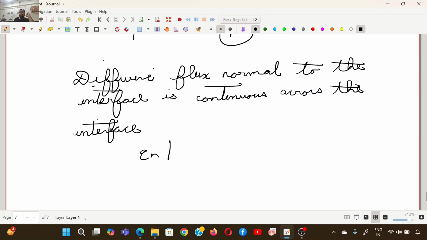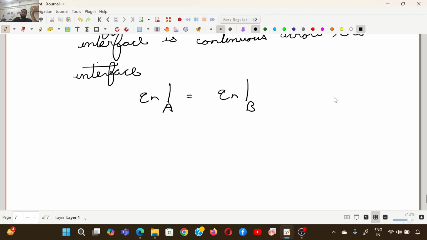Okay. So q_nA is equal to q_nB. If some heat source were present, it would have been q_nB is equal to q_nA plus something. Or q_nB minus q_nA is equal to S, where S is the heat source.